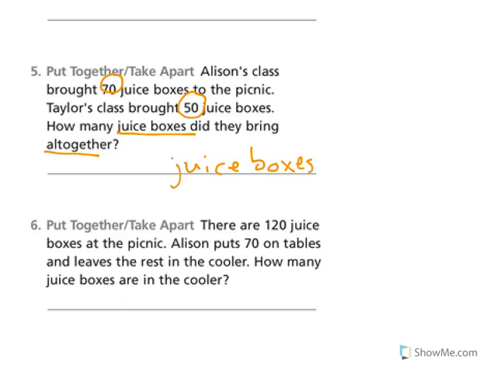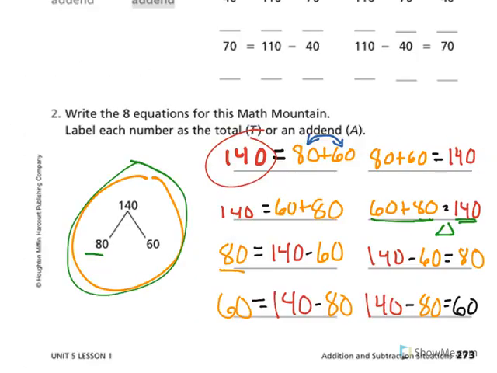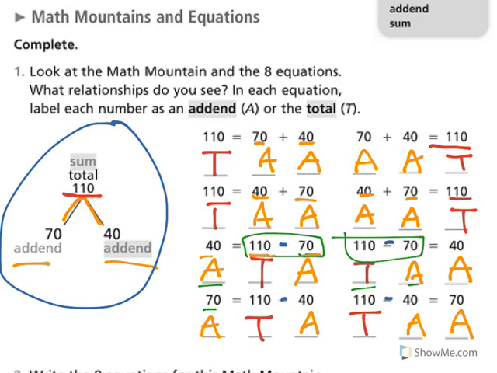Now, it's asking how many they brought all together, and I can tell when it says all together that that is looking for this total, and that means my other two numbers are my add-ins. So that means to find that missing total, what I need to do is add the two add-ins, right?